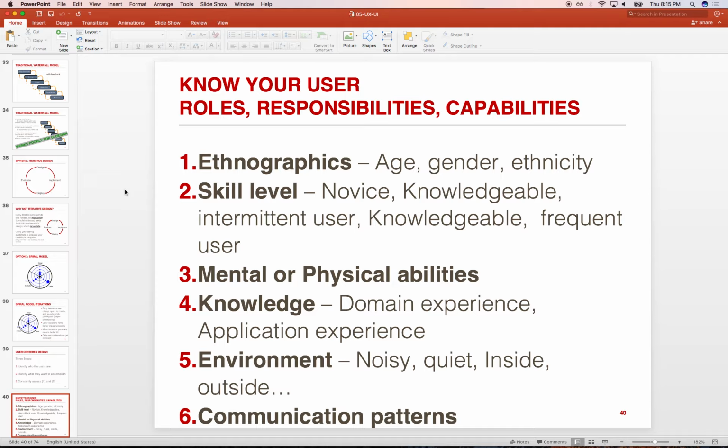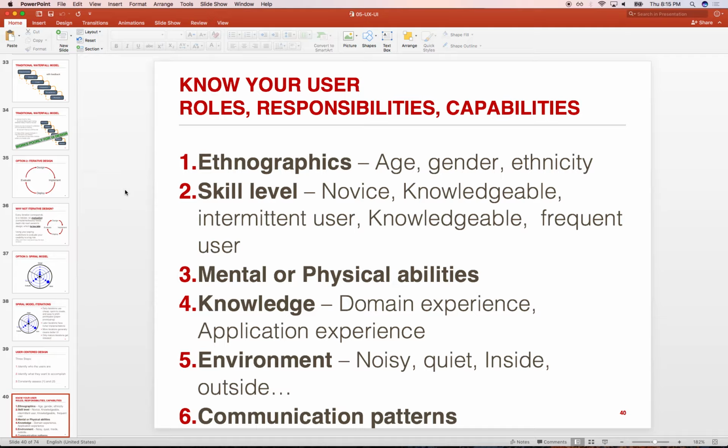We need to create a kind of matrix of all the different types of folks that we want to address, the audience that we want to address, their ages, their skill level, whether they're novice, knowledgeable, or frequent users, whether they have certain mental or physical abilities, whether they're domain experts, whether they have any previous knowledge of the particular domain that we're trying to solve.